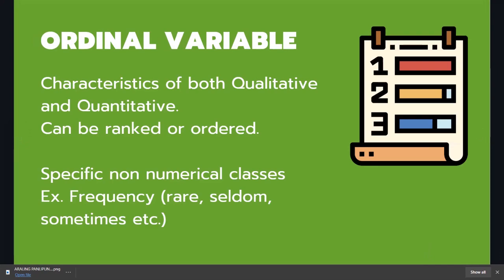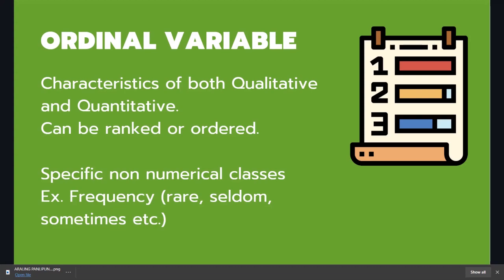Can also be arranged into specific non-numerical classes like qualitative variables. For instance, frequency is described as rare, seldom, sometimes, almost always, or the level of satisfaction, not satisfied, satisfied, extremely satisfied. Kahit na ito ay non-numerical, pero in order, nararank pa din.